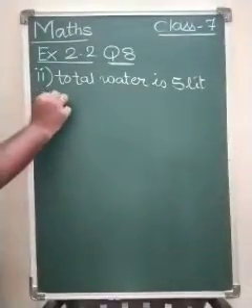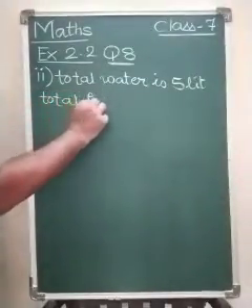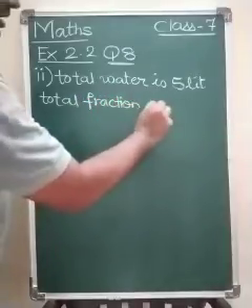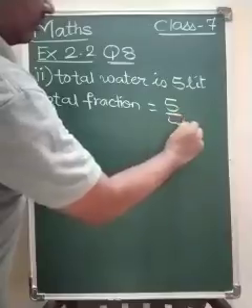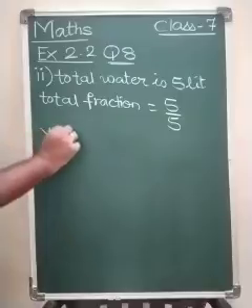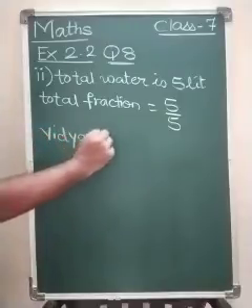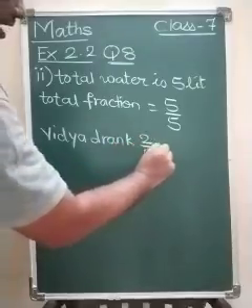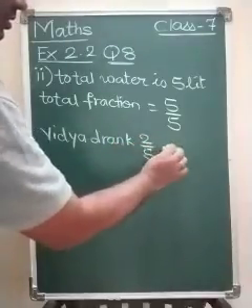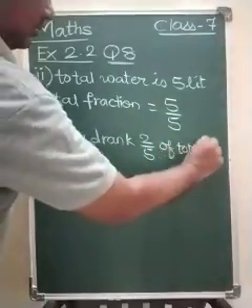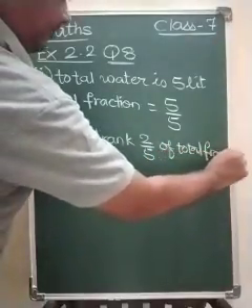So total fraction, they have asked in fraction. So total fraction equals 5 upon 5. Vidya drank 2 upon 5 of the total fraction.